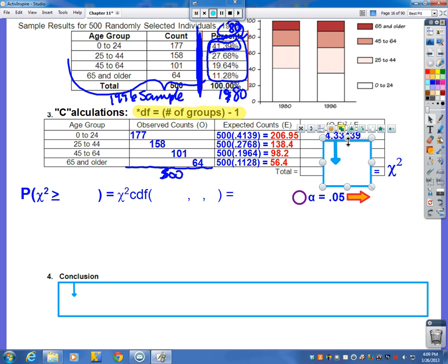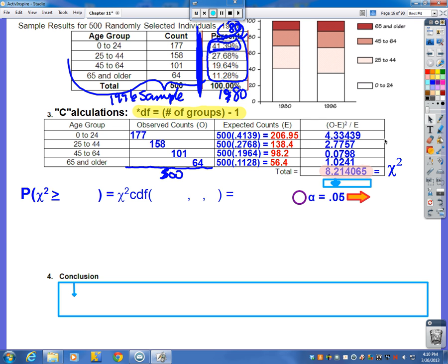And keep doing the same thing. Now I get 2.7757, 0.0798, 1.0241. Add up all 4 of those numbers, and here is my final number that I'm really looking for, so I can use some calculations with. That is my total chi-square number.